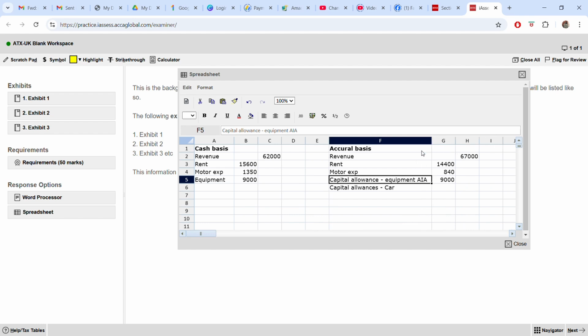So car, what is the cost of the car? It was 18,000. You purchased a car for 18,000. Remember, only the business portion, you can only take 30%, and it is based on CO2 emission. So this is capital allowance. It's 140.